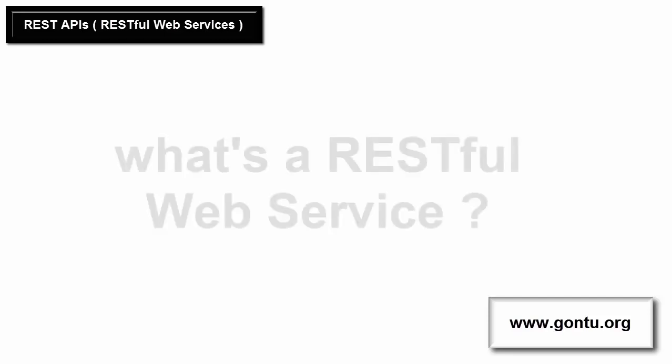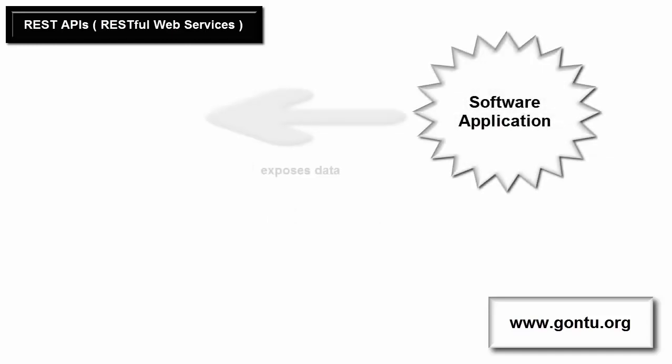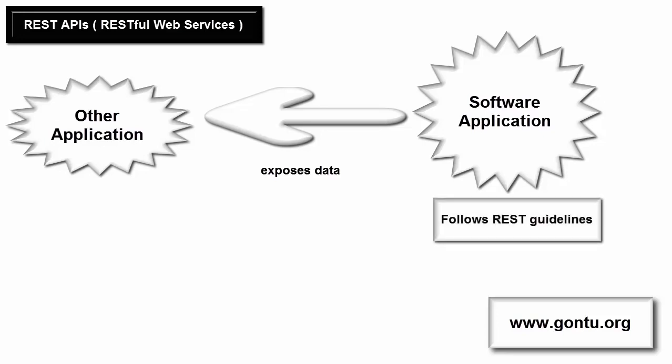In this tutorial, we are going to talk about RESTful web service concepts. So what's a RESTful API or simply a RESTful web service? If a software application exposes its data to other software applications and while doing so, if it follows all guidelines as specified in REST, then that application is known as a RESTful web service application or simply a REST-based application.